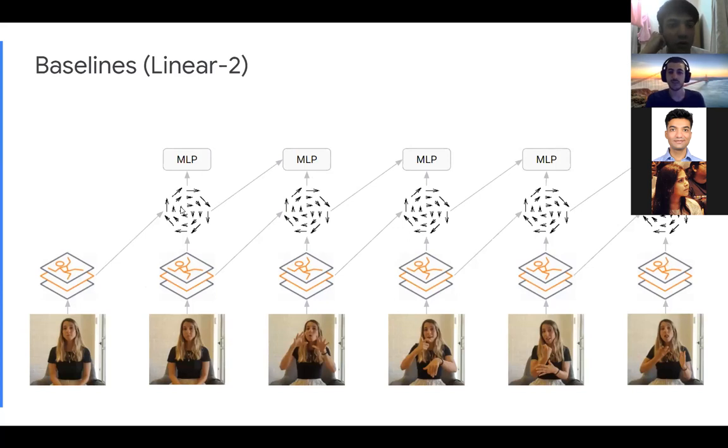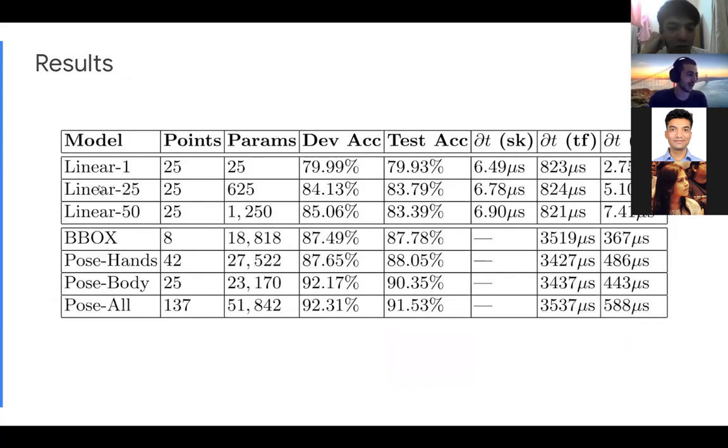But if you had 5, then this last one would look at this optical flow as well as this one and that one. It would somehow have this information inside, and that's why higher linear models use more parameters, because they just have more history. So there's no skipping. Every frame is taken into consideration.